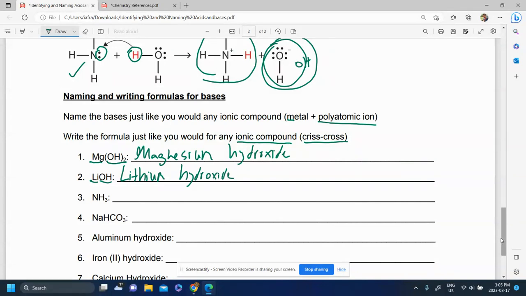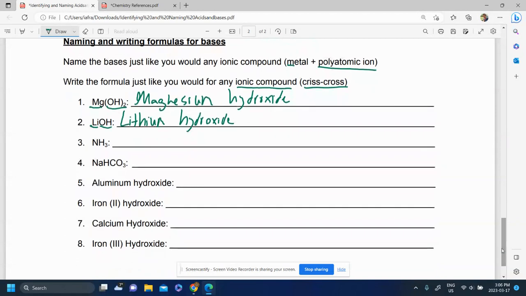If you're getting the idea of this, you can just pause and try it yourself and then check your work after. This is something you have to memorize. This is ammonia. Here we have sodium and the polyatomic ion bicarbonate. So sodium bicarbonate.